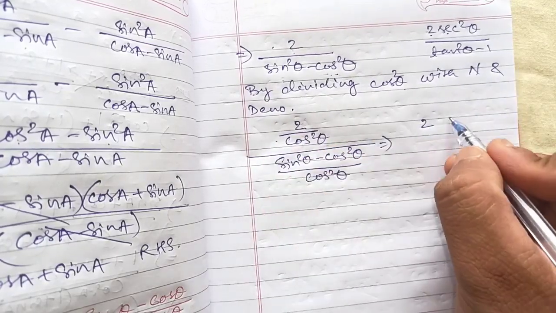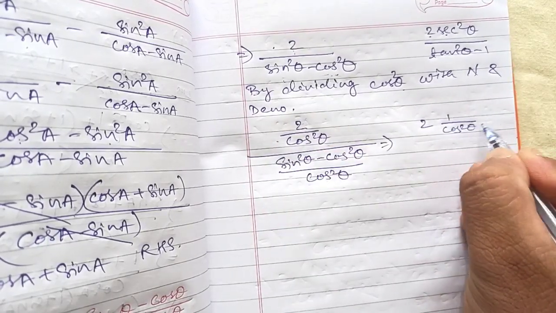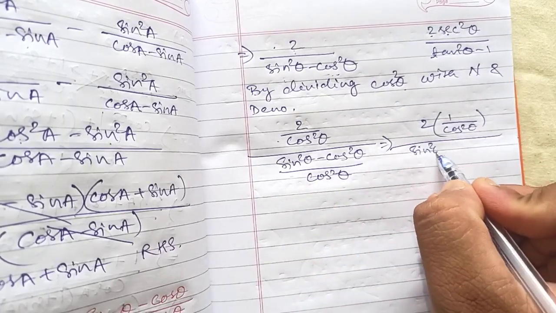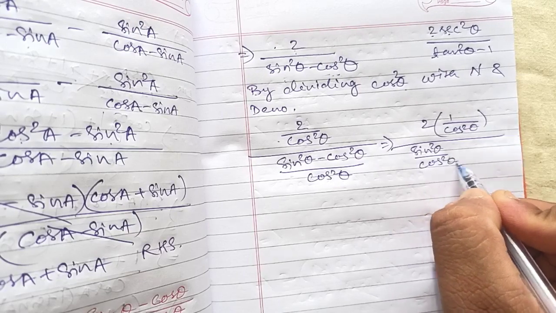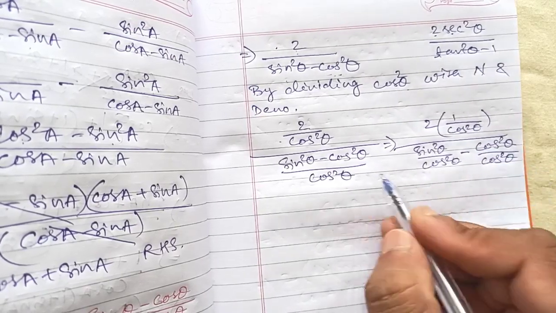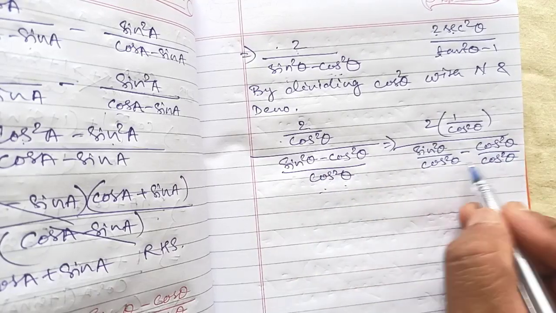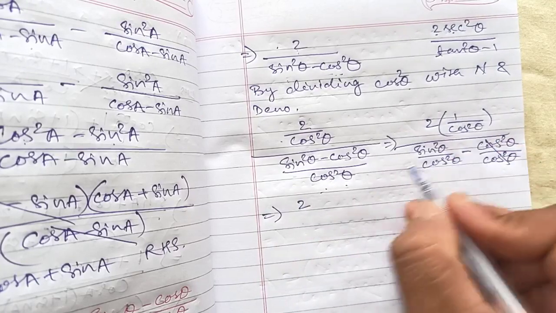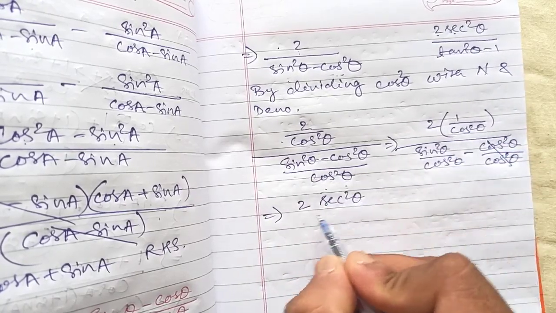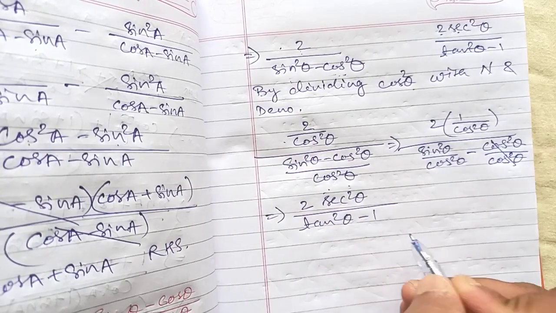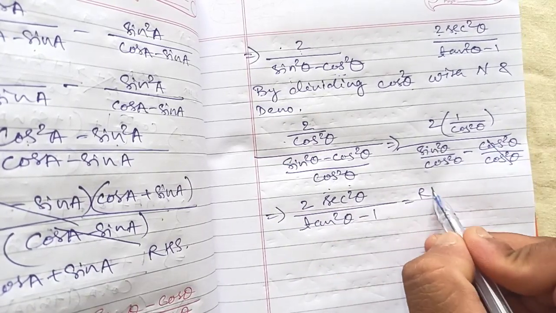It will become 1 by cos square theta, whole divided by, separating the numerator, sin square theta by cos square theta minus cos square theta by cos square theta. By separating, the same denominators cancel. Now 1 by cos square theta is sec square theta, sin square theta by cos square theta is tan square theta minus 1. This is RHS.